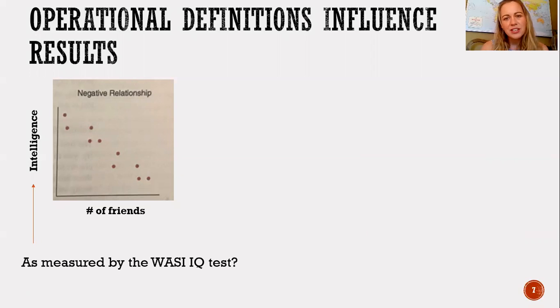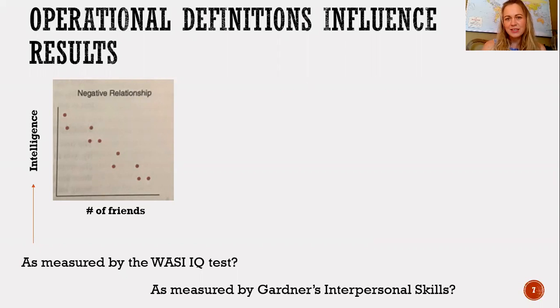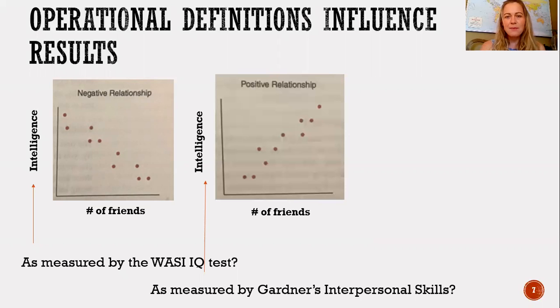However, if they had measured intelligence using the idea of emotional intelligence or how well you interact with other people, which is tested by Gardner's measure of interpersonal skills, they might have found a totally different pattern of results. They might have actually found a positive relationship between these two variables, that people who are smarter actually have more friends, and people who don't do as well on the intelligence test have fewer friends.